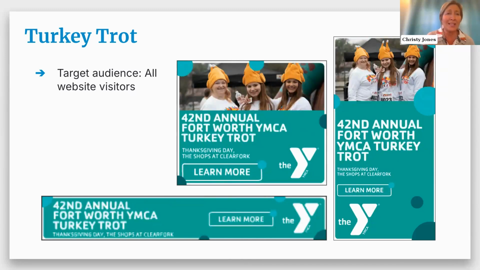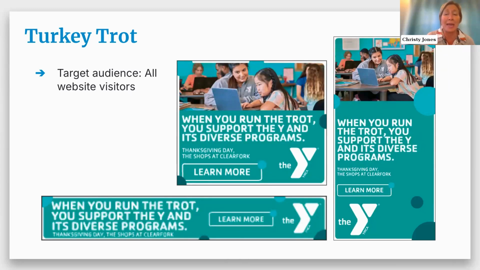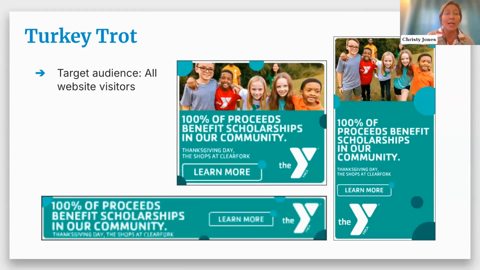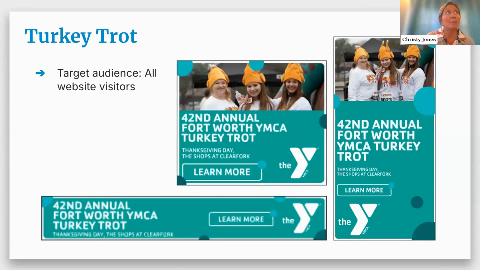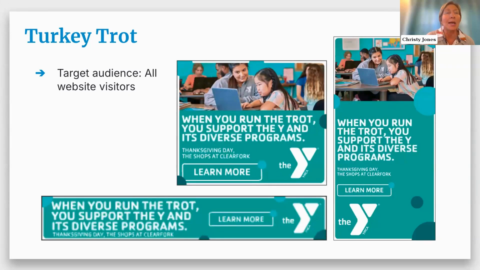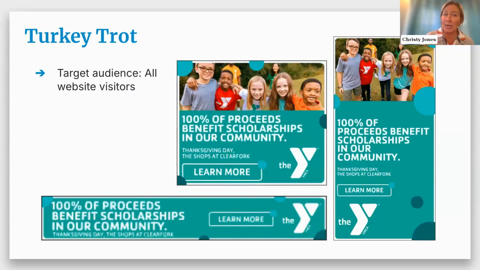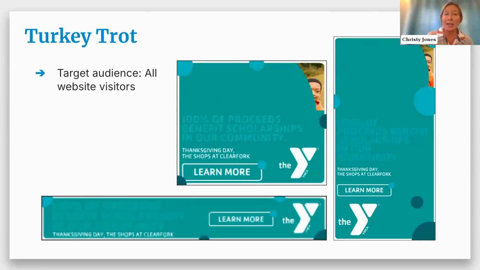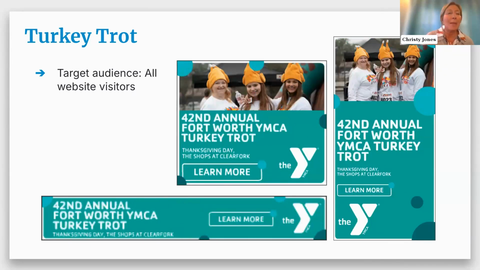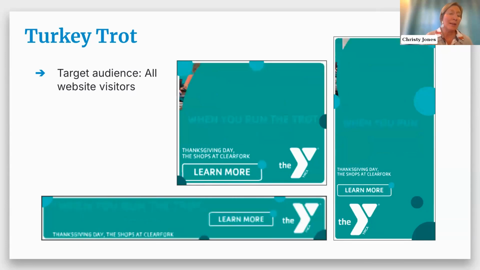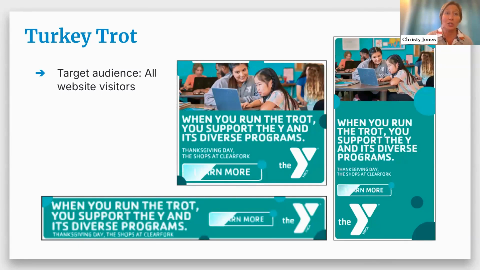One of the things I love about this campaign is it allowed a different look and feel. Even if we were hitting some of those overlapped audiences of donors and supporters in the community, those affinity audiences, it gave them a new creative and a new way to connect with the organization. Maybe a straight donation isn't something that they felt compelled to do.